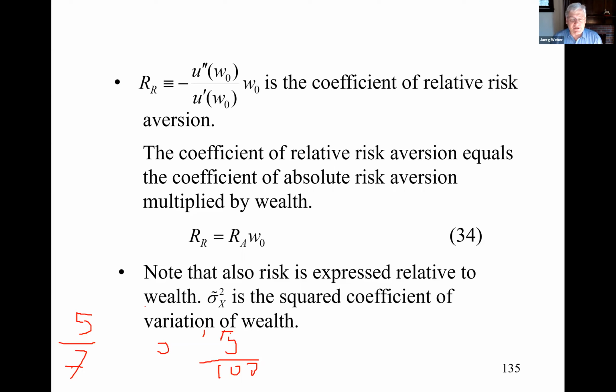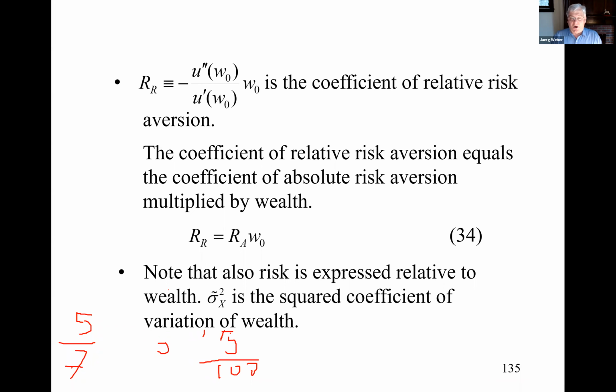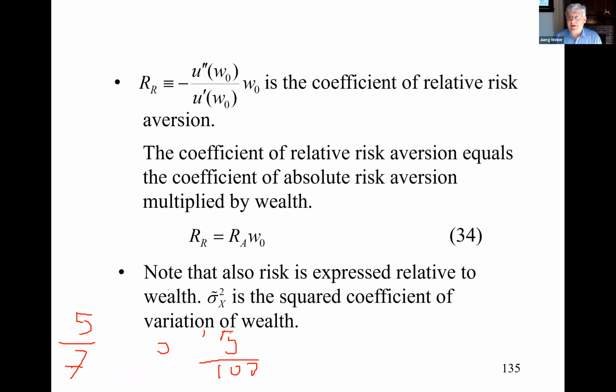You have to put it in relation to the variable that you're interested in. And the coefficient of variation does this. So here I'm using the squared coefficient of variation. It's sigma squared divided by wealth squared. That's the lecture of today. Thank you.